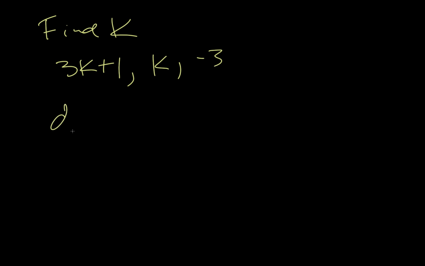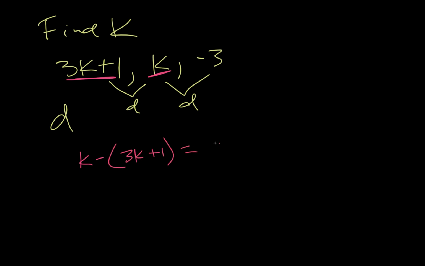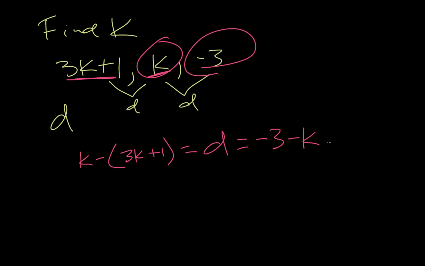So remember, d is the common difference. So we know that the distance from here to here is d, and the distance from here to here is also d. So if we just take this minus this, so we say k minus (3k plus 1), that would equal d. Or if we take this minus this, negative 3 minus k, those should equal the same thing.